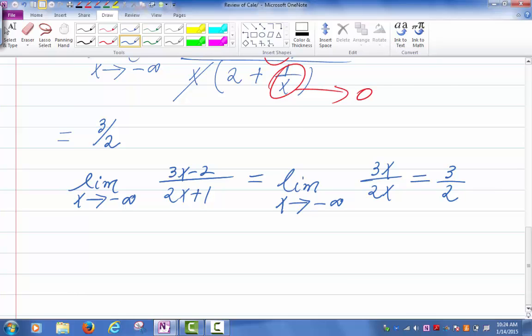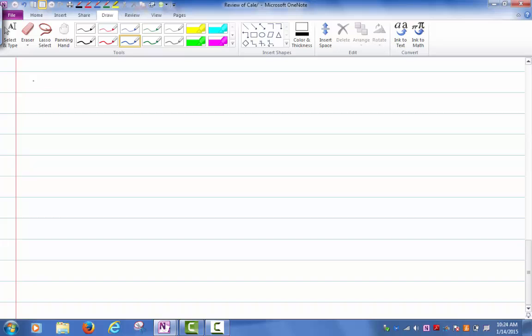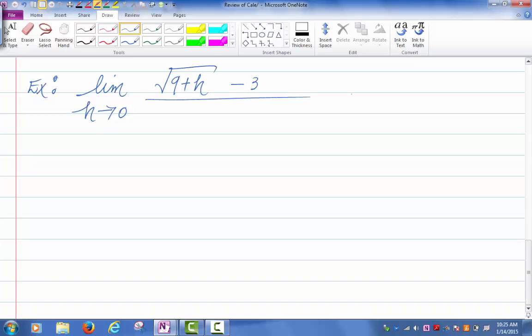All right. Next example. Let's say I have the limit as h goes to 0 of (root of 9 plus h, minus 3) divided by h.